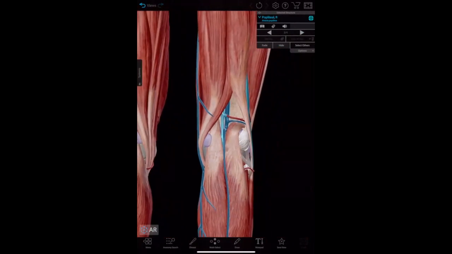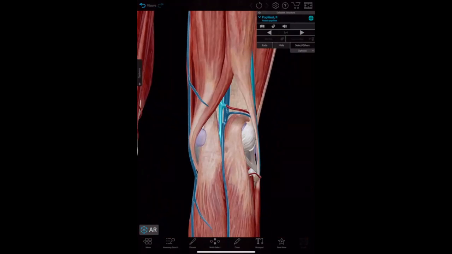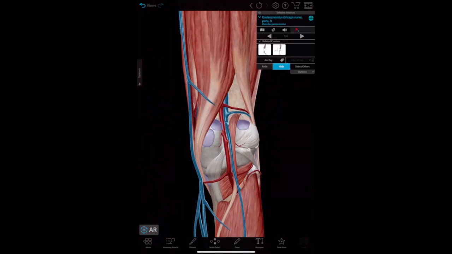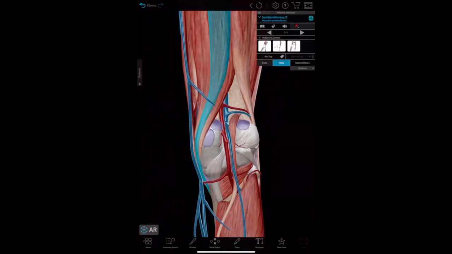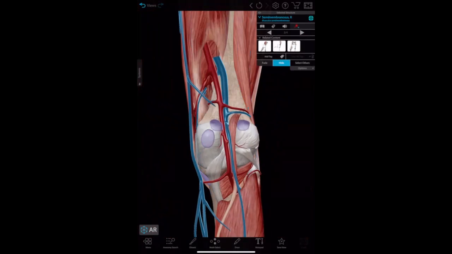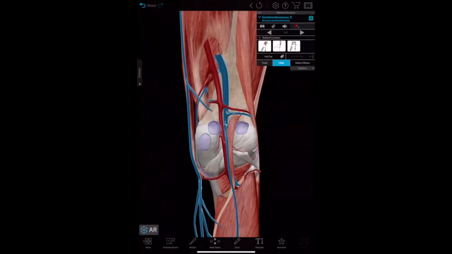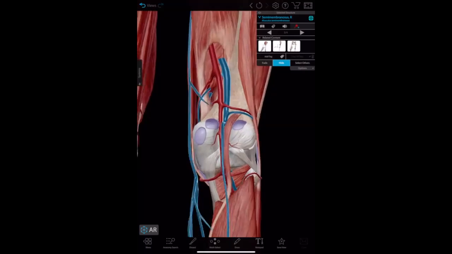So these are the muscles, you see, gastrocnemius, right? Semitendinosus, semimembranosus, and this is biceps femoris, that is semitendinosus, semimembranosus. So you see, this is the adductor hiatus where the popliteal artery is coming, right?